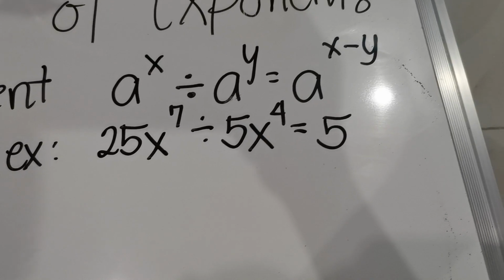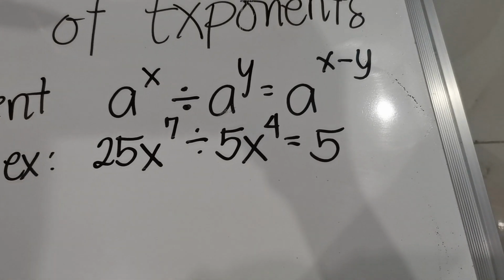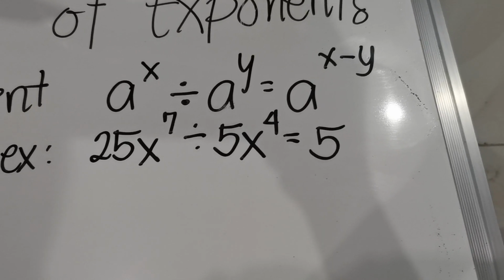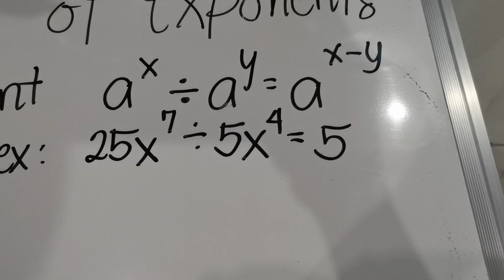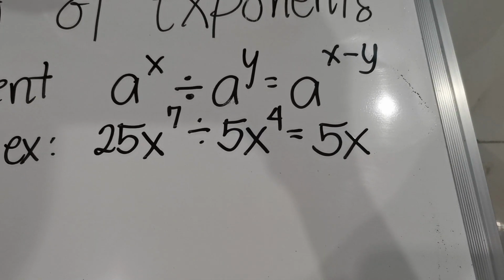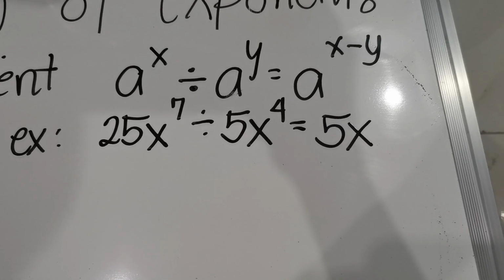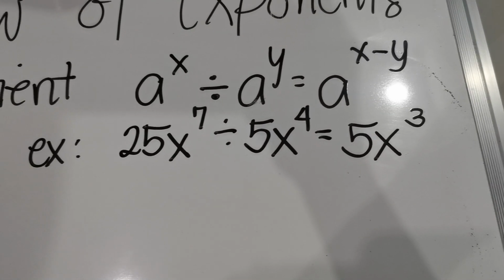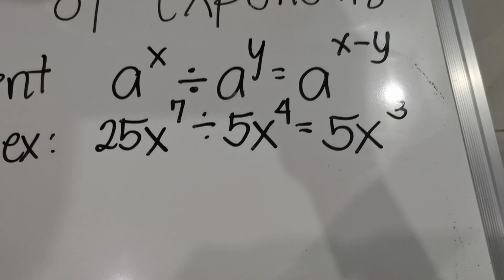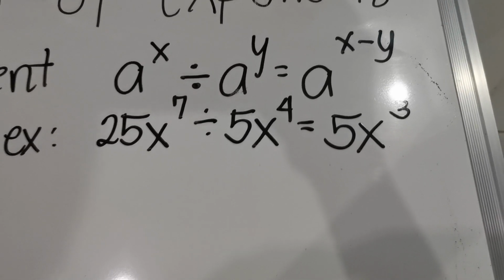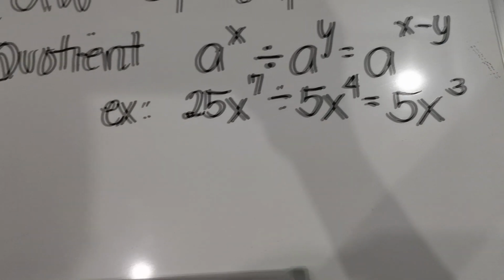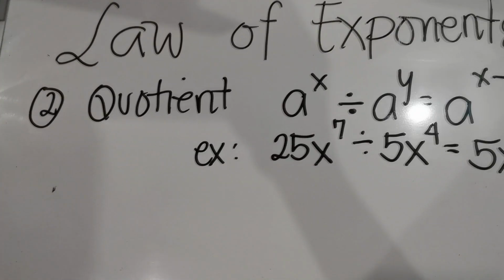And then, sa ating exponents, sabi natin dyan, if we have the same base na a, isusubtract lang natin yung exponents nila. So, in this case, pareho tayo ng base which is x. So, isusubtract lang natin yung exponent niya, which is 7 minus 4. The answer is 3. So, therefore, 25x to the 7 divided by 5x to the 4th is equal to 5x cubed. Nasusundan ba? Okay. So, that is the second law of exponents.